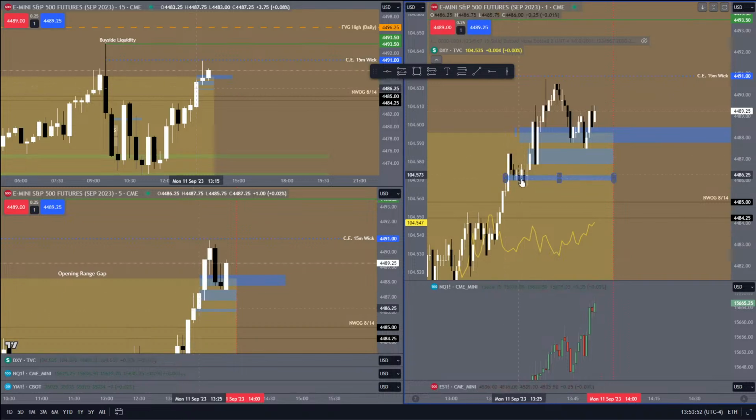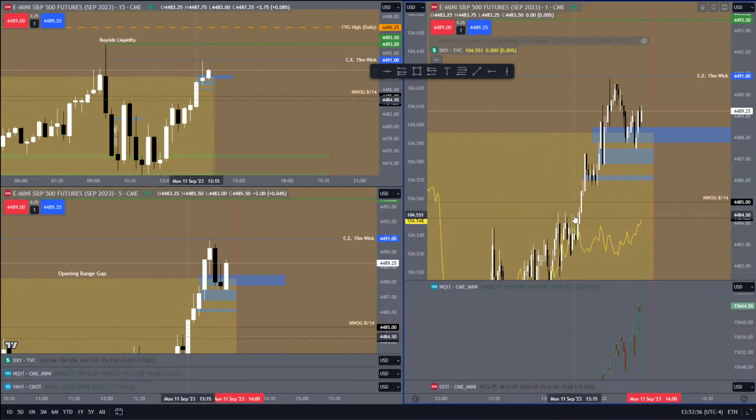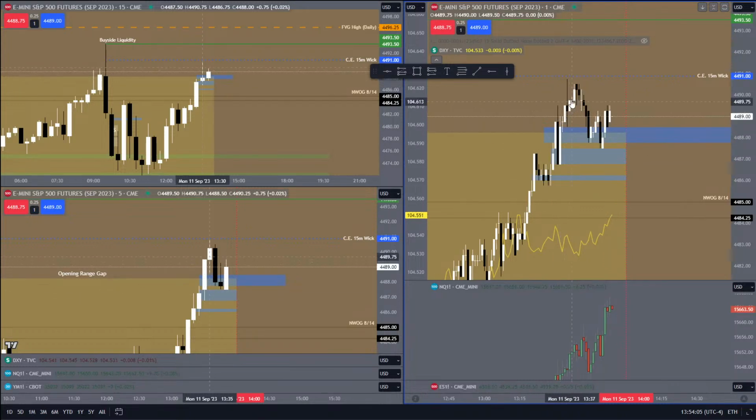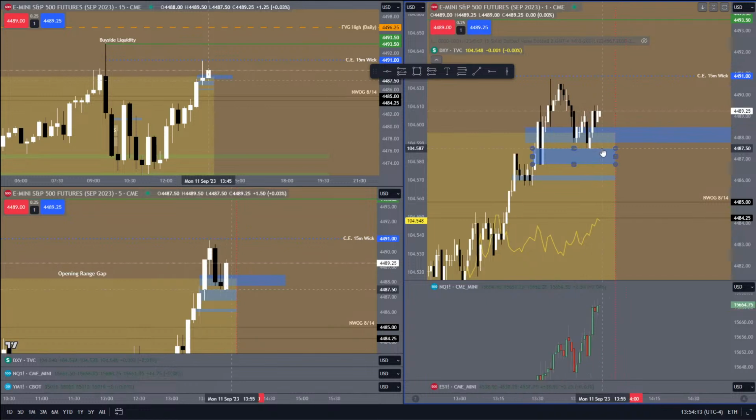Notice how all the down close candles are supporting the price. So we have this run up coming out of lunch, a little downward price action, run up above it, supports price, run up above it, comes back down. This large down close candle supports price here.